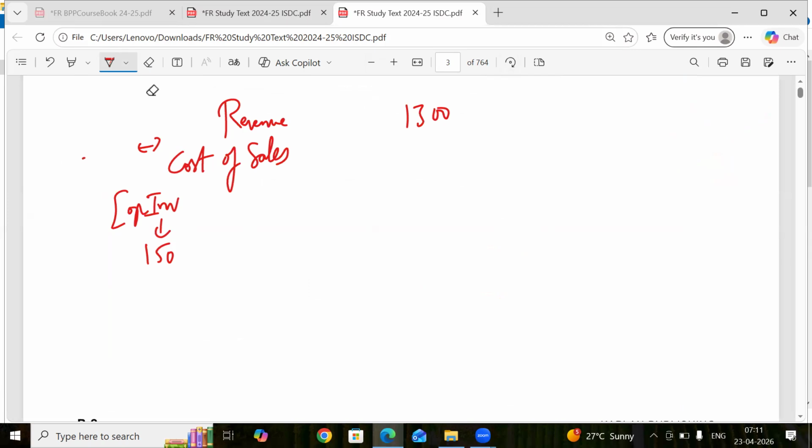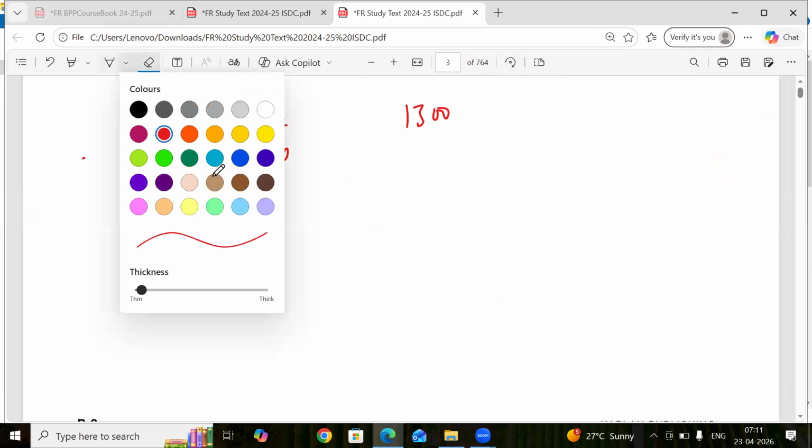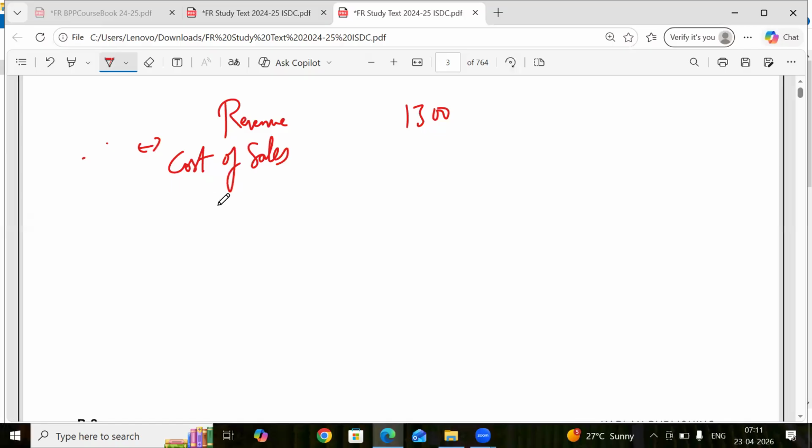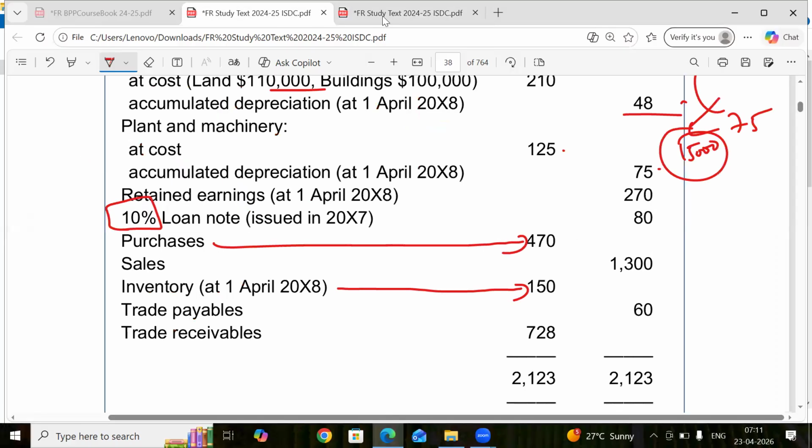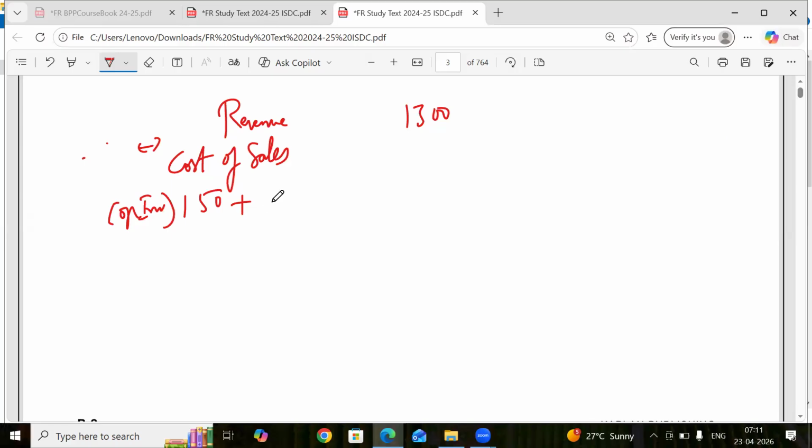Basically, we should not do all this in the statement. You can understand, right? Opening inventory 150, I'm writing here. Plus purchases 470. Minus closing inventory.